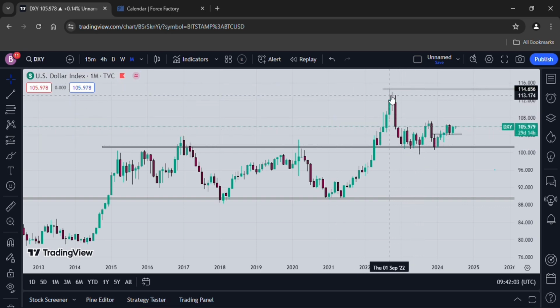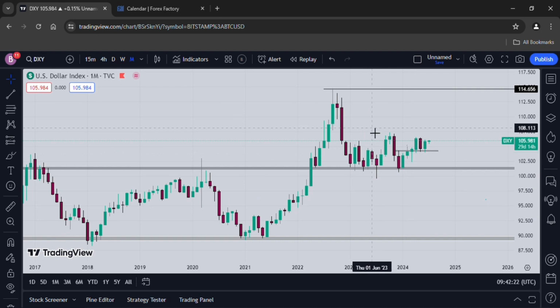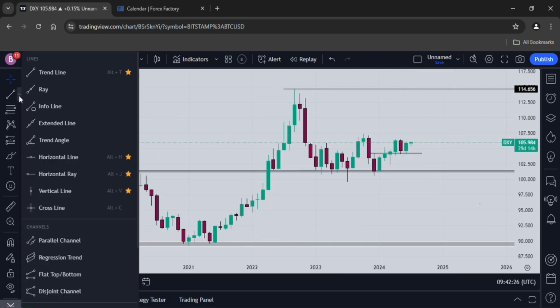In the process of the retesting, it also formed a double bottom on top of the zone. And you all know what this chart pattern double bottom does on a higher time frame. Remember, it's on the monthly time frame and also on a major level. So merely by looking at this, we all know that this market is currently in an uptrend.